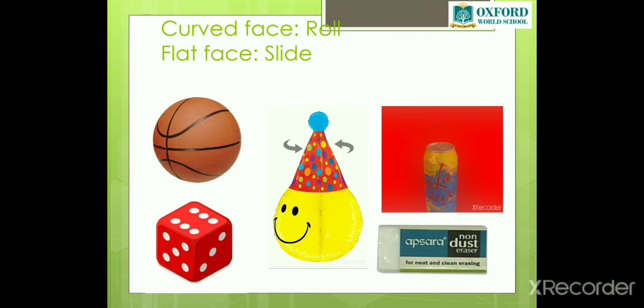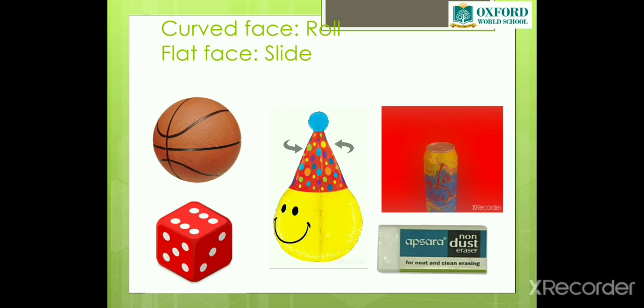Coming to the next example, a dice. We use dice, we play with the dice, right? Now dice is an example of a cube having 6 faces, 12 edges and 8 corners, and all the faces are flat faces. So I can say that dice can slide and cannot roll, right? And coming to the last example here on the screen is an eraser.